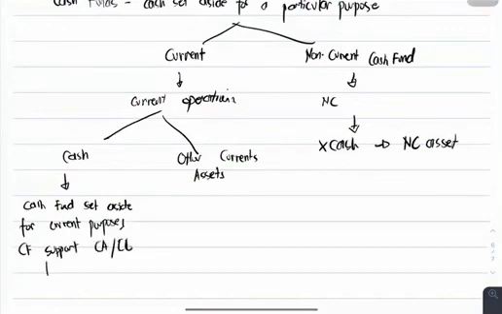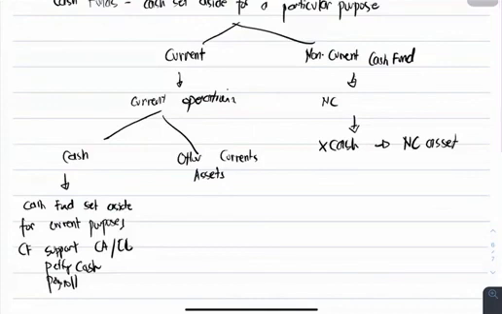For example, a petty cash fund is for current liabilities such as your petty expenses. Payroll fund, payroll is current, therefore it is part of cash. How about an accounts payable payment fund? Accounts payable is still a current liability, therefore part of cash.